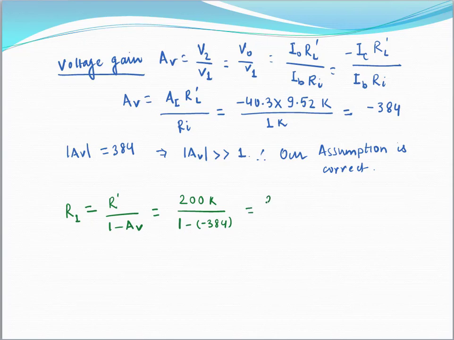So it is around 200 kilo ohm by 385. So this R1 is equal to, if we solve it, you will get the value of 0.52 kilo ohm.